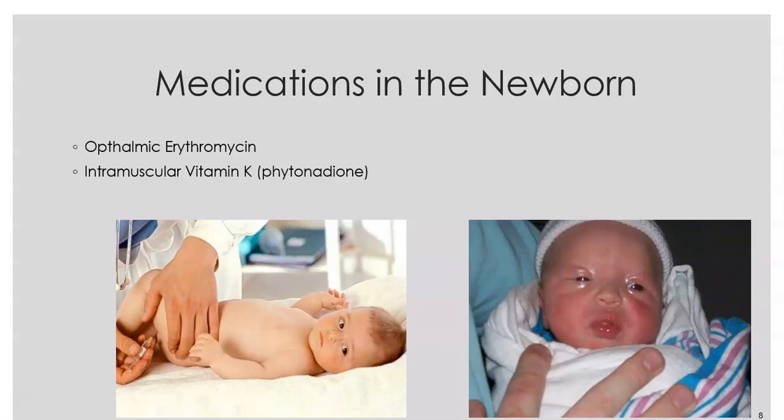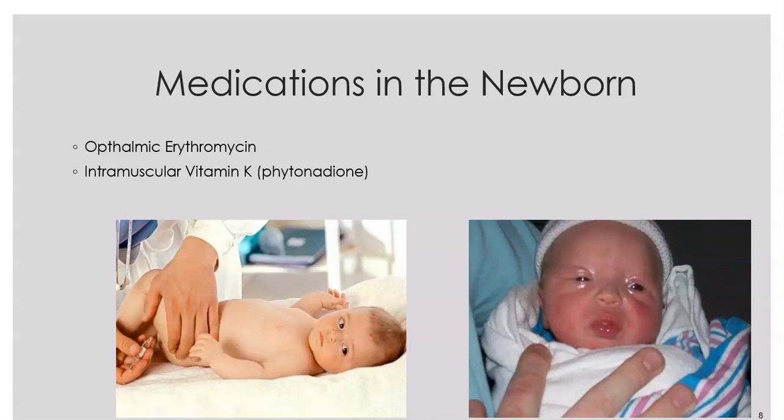This one is given to prevent them from having a hemorrhage. With vitamin K, our body does naturally produce it by the liver, but in order for the liver to be stimulated to produce vitamin K, you have to have bacteria in your gut. The bacteria in the gut is what stimulates that liver. When babies are born, their gut is sterile. They haven't been in the outside environment, so they haven't built up that normal bacterial flora yet.